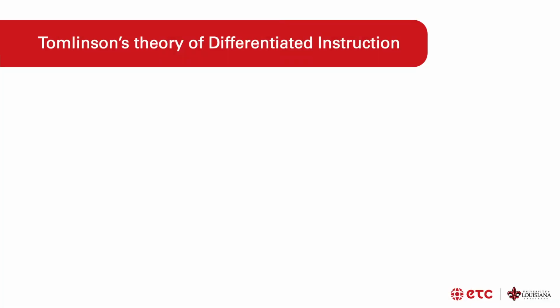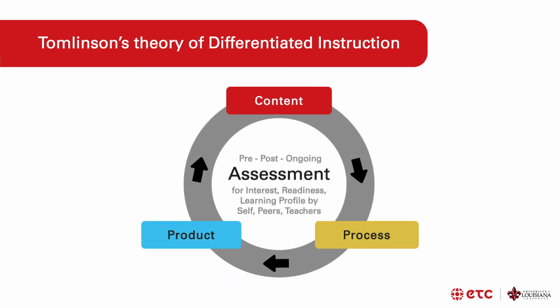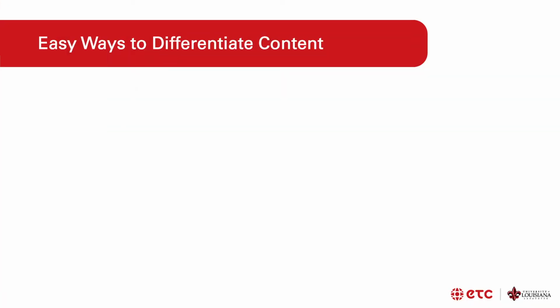So we have looked at the interest, the readiness, and the learning profile. We're also going to look at differentiating according to the content that is taught, the process in which that content is taught, and then the product at the end that you want the students to be able to create. So easy ways to differentiate content are with learning partners.